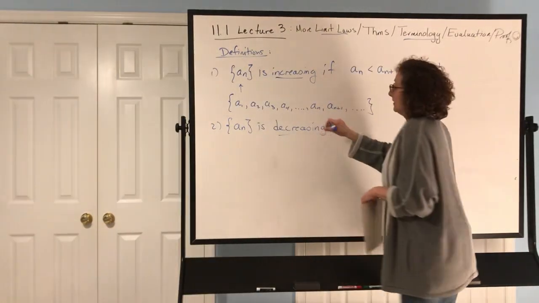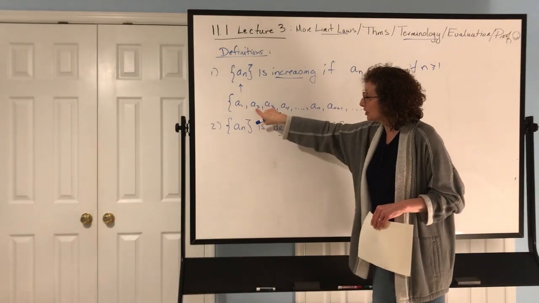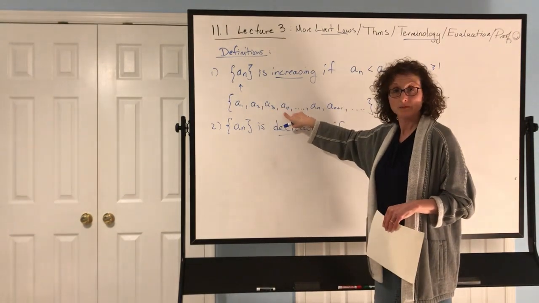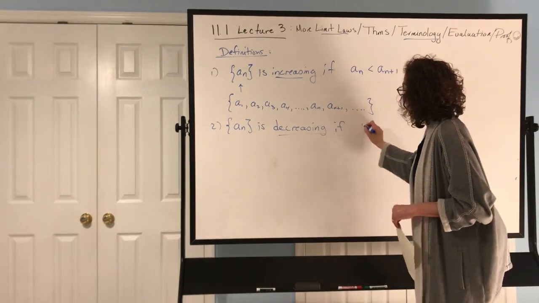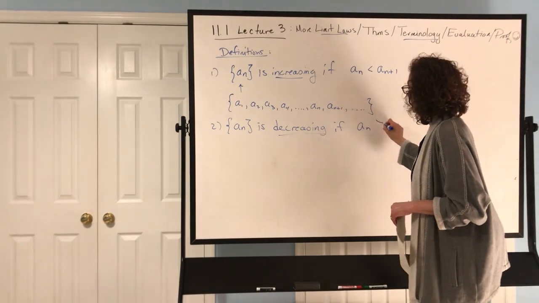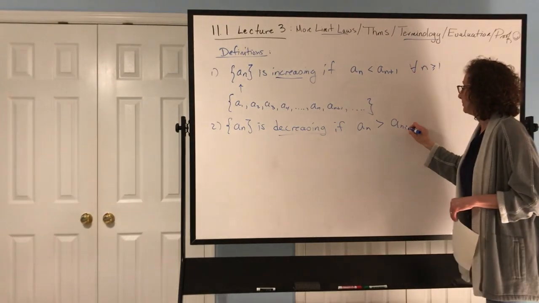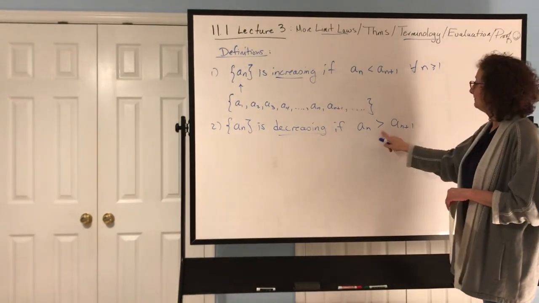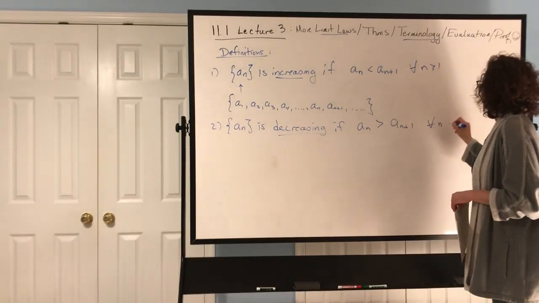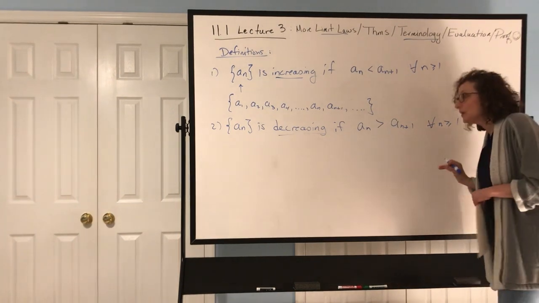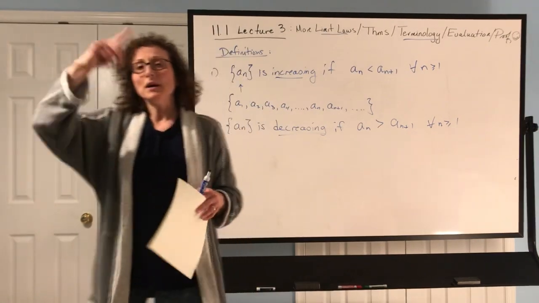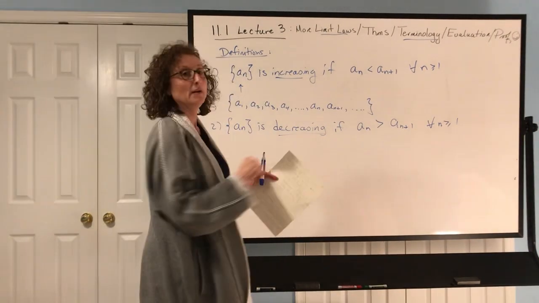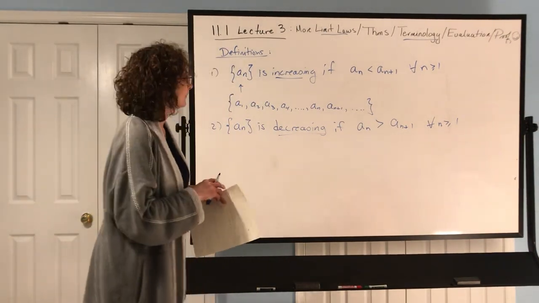Well, what would decreasing mean? The previous term is bigger than the next term. So in general, a_n is bigger than a_(n+1), for all n greater than or equal to 1. Same idea. Similarly, a sequence could bounce around at first for a little bit and then eventually settle into constantly decreasing, okay?